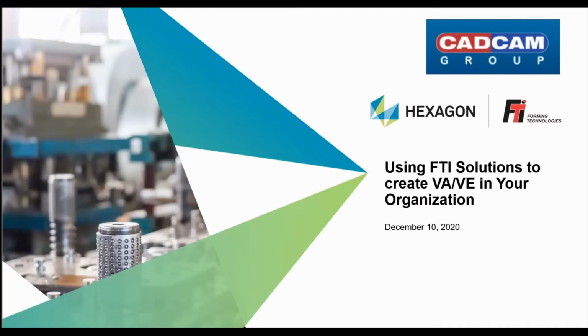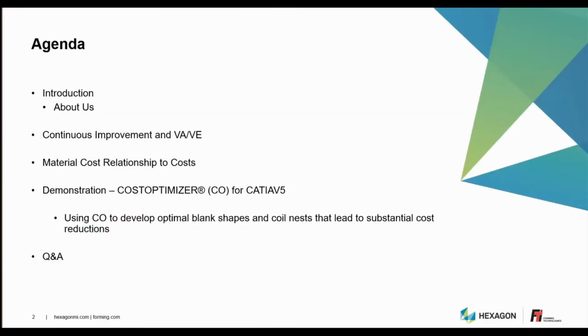Okay, so let's start. We'll see how to use FTI solutions to create value analysis and value engineering in your organization. So the agenda for today will be an introduction. I will tell you who we are.